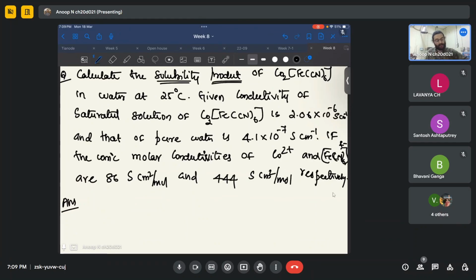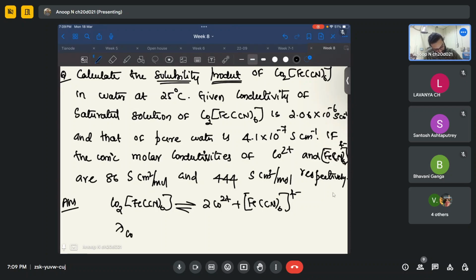What is the equivalent molar conductance coming? How will I solve it? Co2[Fe(CN)6] gives, we have already written this, so lambda is equal to lambda 0.